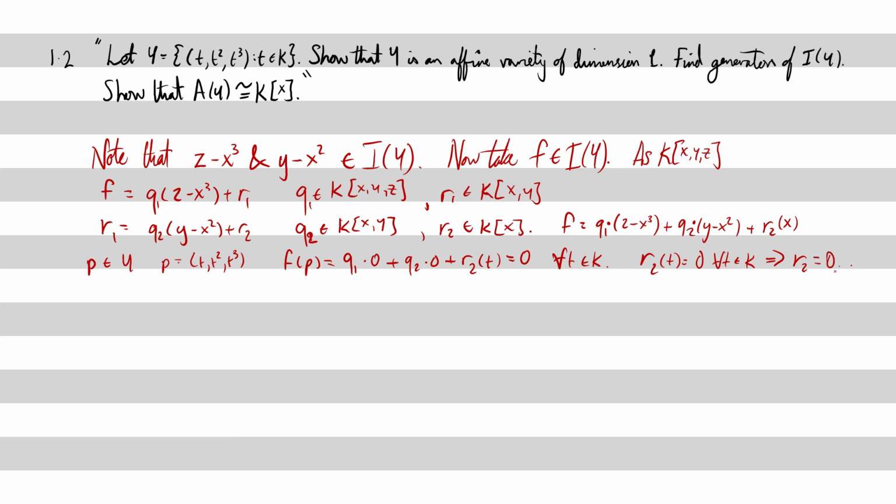This is not true for all fields. For instance, the finite field F2 definitely has polynomials which are always 0.